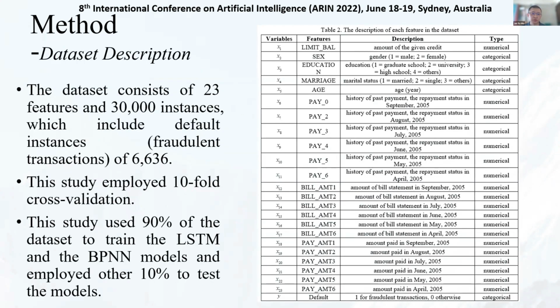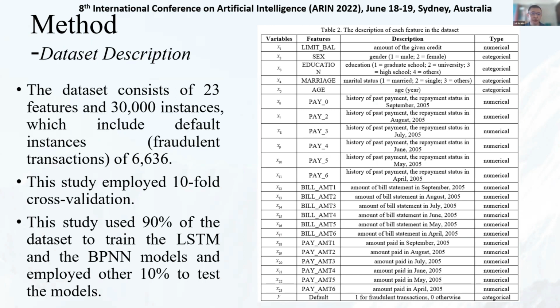Data description. The data set consists of 23 features and 30,000 instances. We can see table 2. Table 2 shows the description of each feature in the data set.